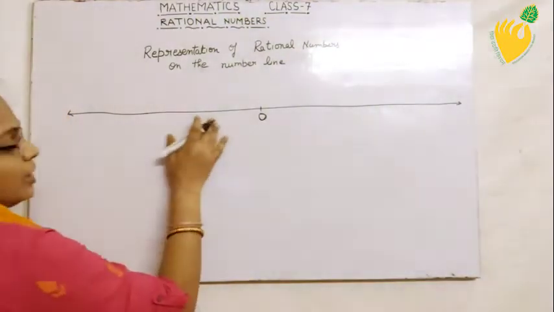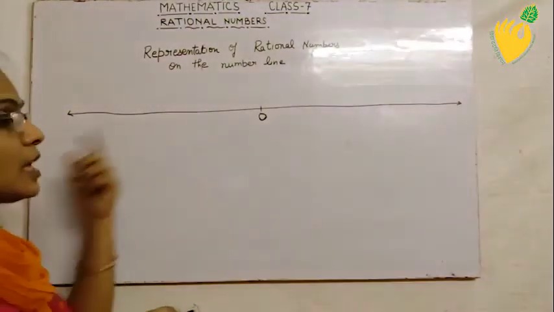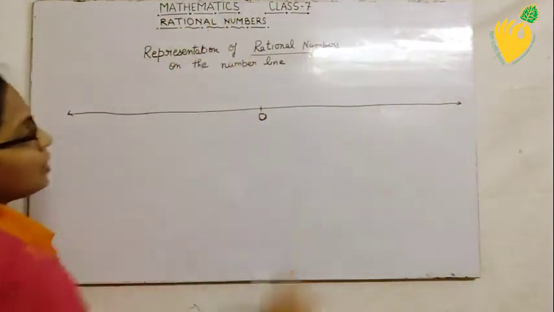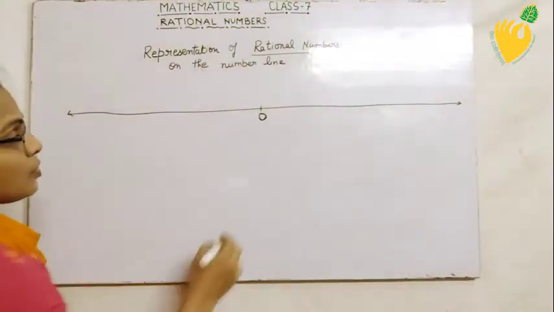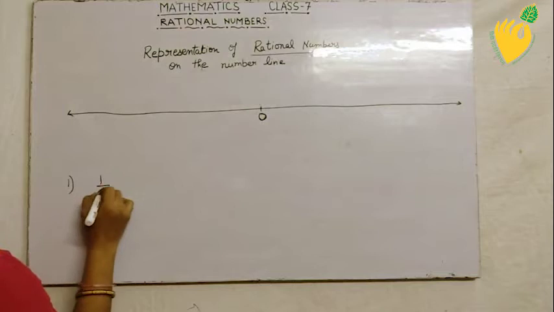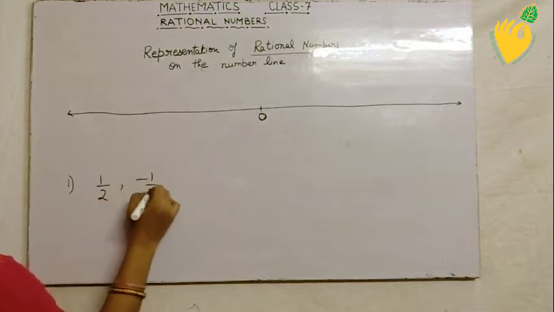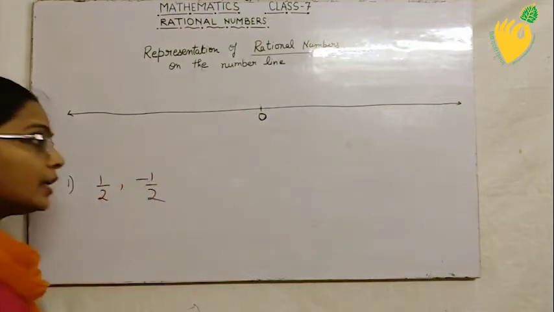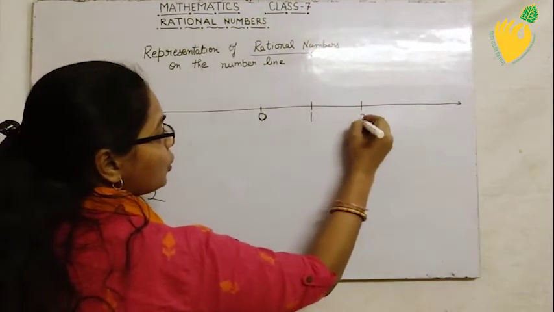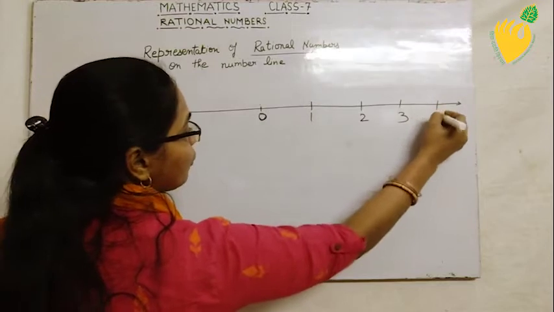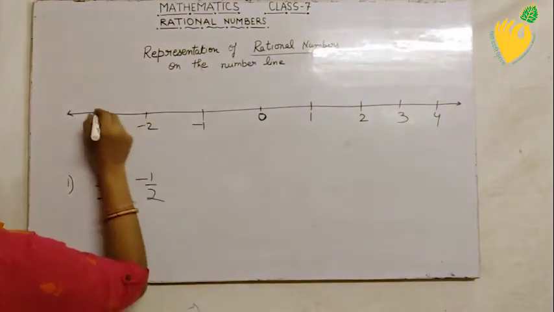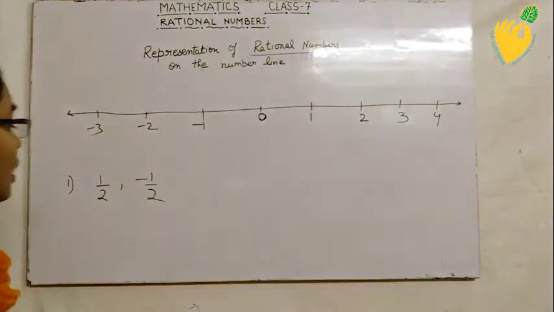And on the left hand side all the negative integers are there. Students, we have to represent rational numbers on the number line. First of all, I will make you learn how to represent 1 upon 2 and minus 1 upon 2 on the number line. For this we will draw 1, 2, 3, 4 and so on. Here it is -1, -2, -3 and so on.